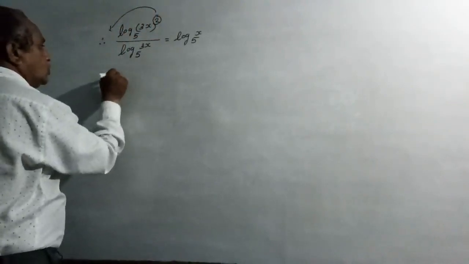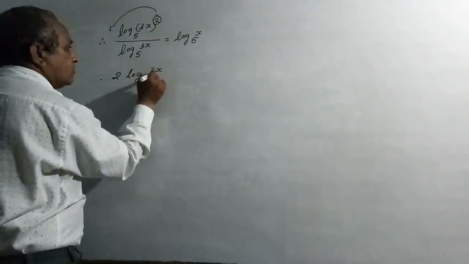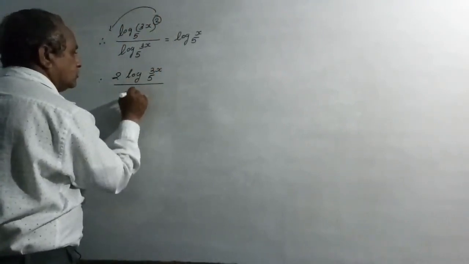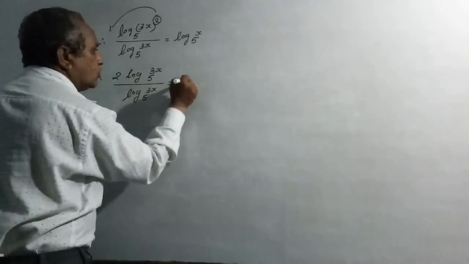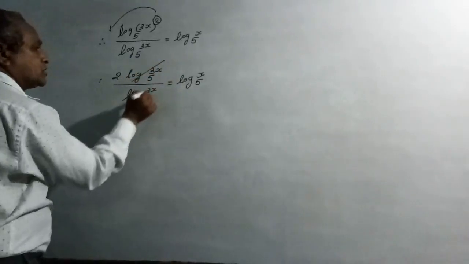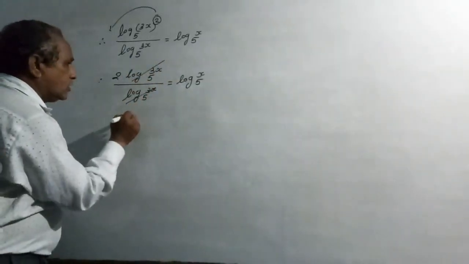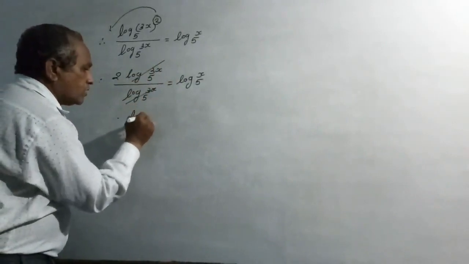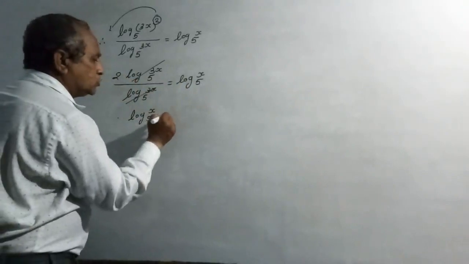So 2 log 3x base 5 by log 3x base 5 is equal to log x base 5. Log 3x base 5 is the same, so it cancels. So here log x base 5 is equal to 2.